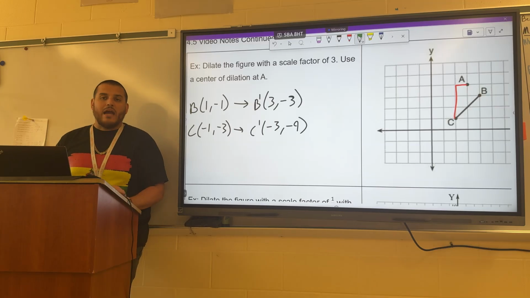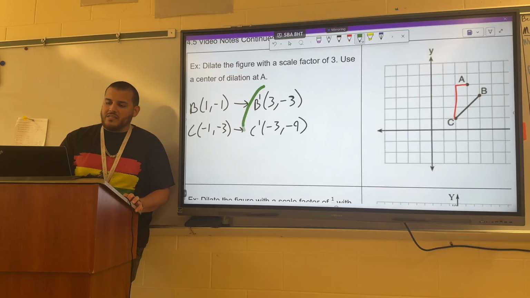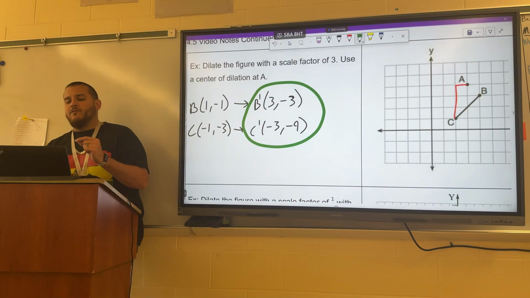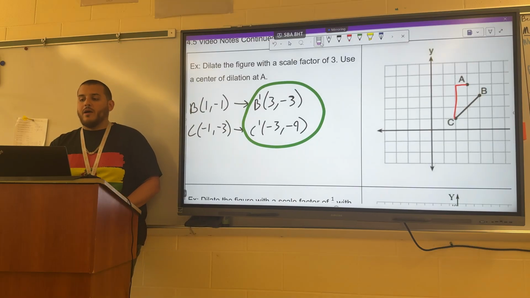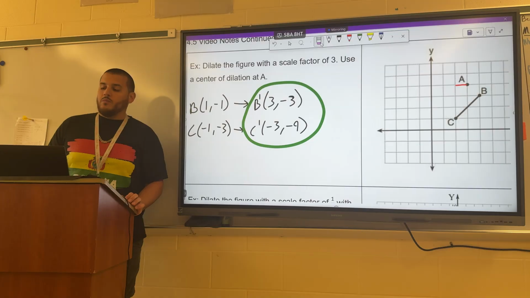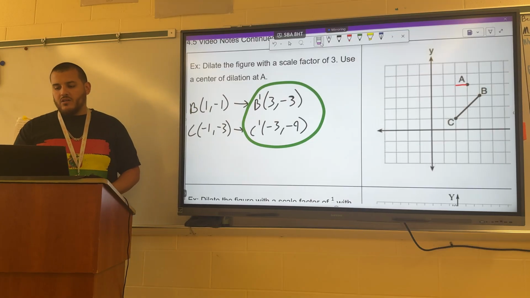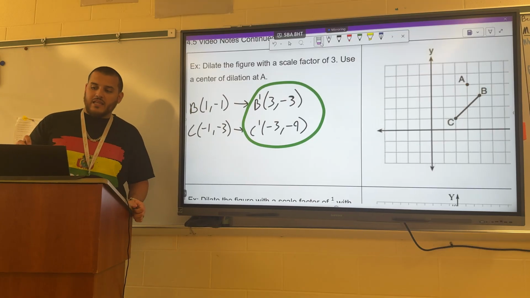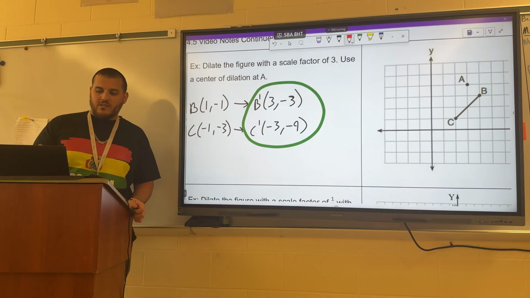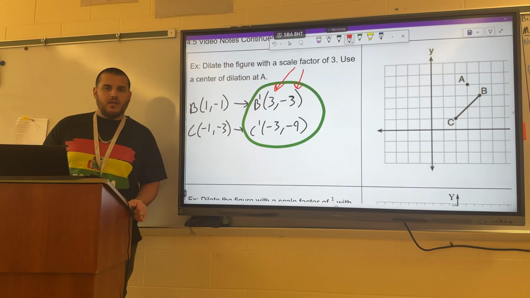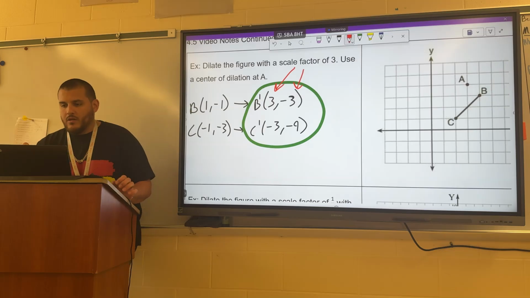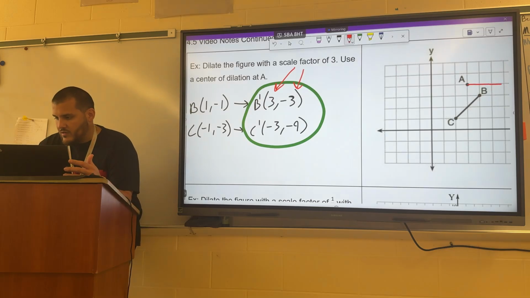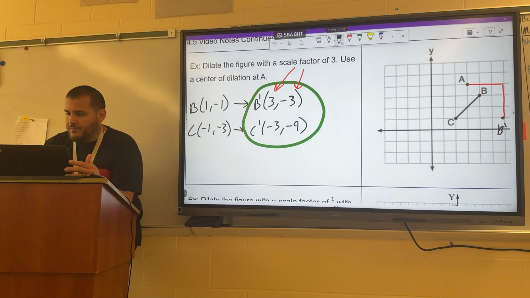And now to graph the dilation, we would take these points and follow those distances away from our center of dilation. So again, pretending that A is the origin, and again, we're treating it like a translation now. We're going to the right 3 and down 3 to graph B prime. So from point A, right 3, down 3, B prime would be located right there.